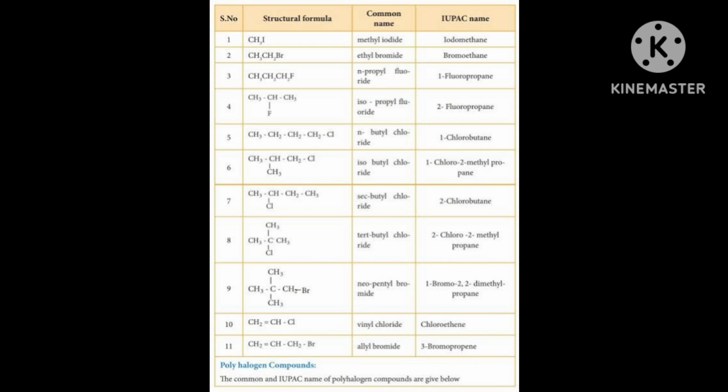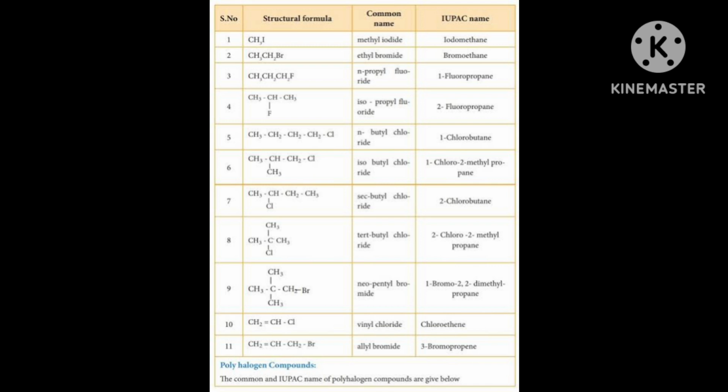Then what will be the common name? With respect to Cl, the other group is at the next carbon, which is ortho. With respect to CH3, the Cl will also be at ortho. Both are at ortho position.